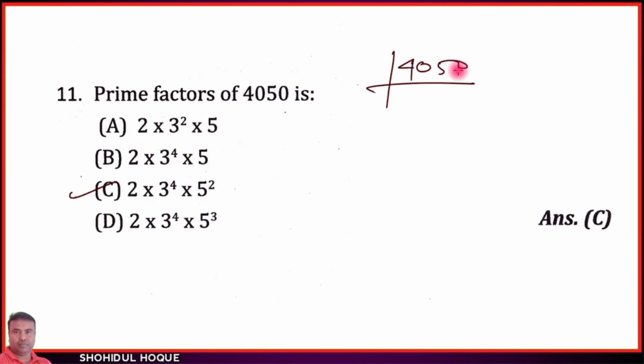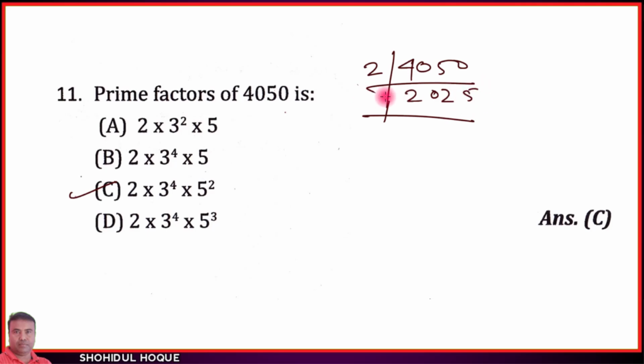First of all, it is an even number, the last digit is even, so we can divide by 2. 2 twentys are 40, and 50 is there, 2 twos are 4, 1 left, 10, 2 fives are 10. Now we cannot divide it by 2 because the last digit is odd.